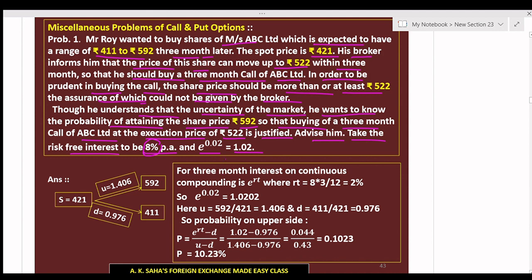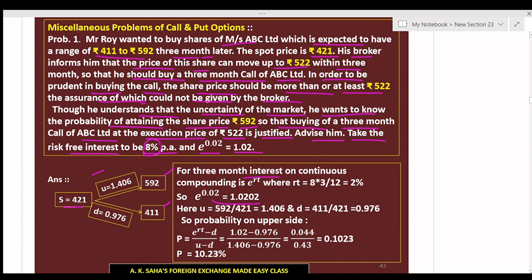Now draw the diagram. Base price, the spot price, is 421, the upper limit is 592 and the lower limit is 411. And you have to find the probability first. On the upper side, the 3-month interest factor is e to the power 0.02, equal to 1.02.